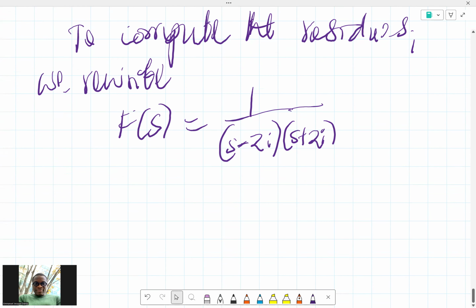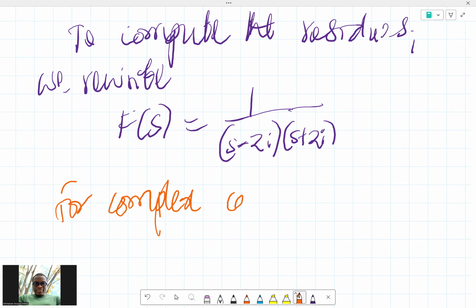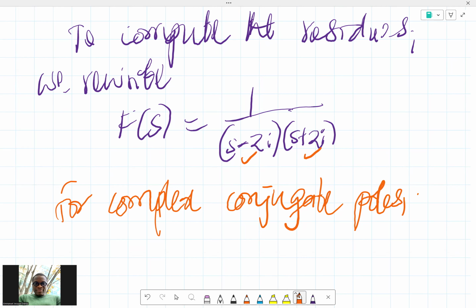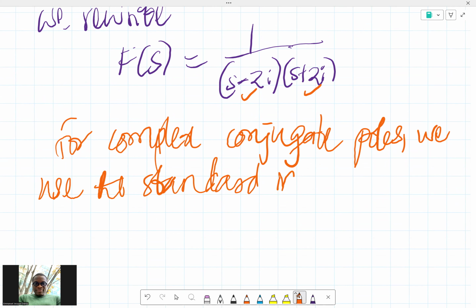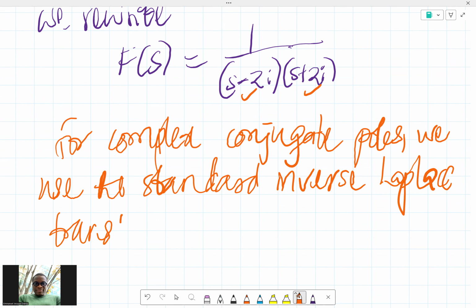So if that is the case, we now say that for complex conjugate poles, like we have up there, because this expression is a conjugate of this, we use the standard inverse Laplace transform identity.